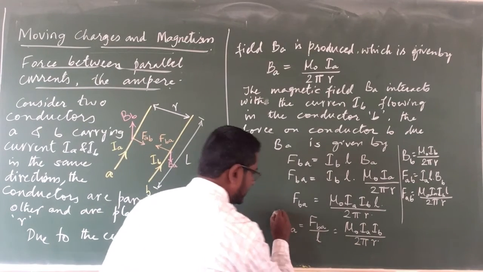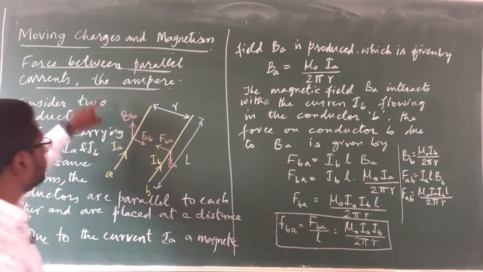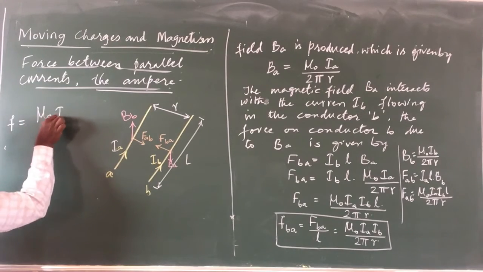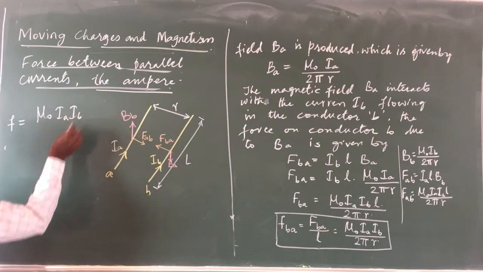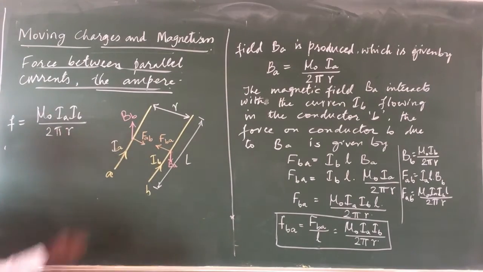So this is the expression for the force between two parallel conductors: f equals mu naught I_A I_B divided by 2 pi r.